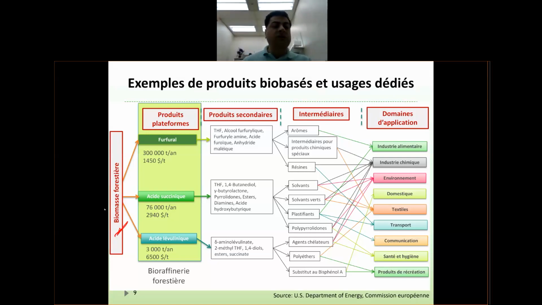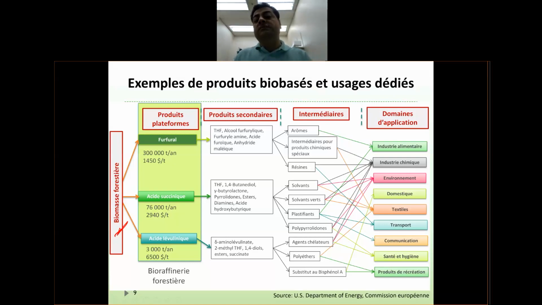Let's say you make primary products from biomass, like furfural, succinic acid, and levulinic acid. Okay, you make primary products, just three primary products from a biomass. From those three primary, you can make secondary products, different products. Okay, and by those secondary products that you make from the primary ones, you make some intermediate products. Intermediate means you make products that are not final products yet.